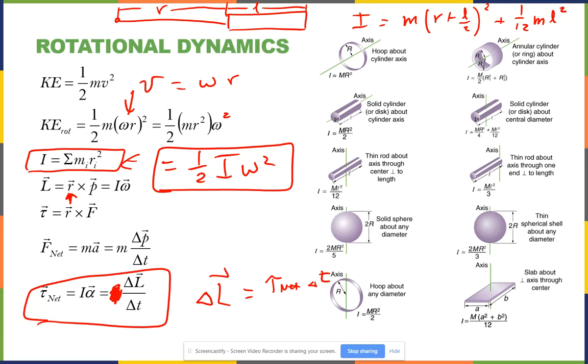Now, if I were to hold this by the end, then gravity would be making a torque. What direction is the force of gravity acting on this wheel? Down. And so if gravity is acting downward, and it's acting in that direction from my pivot point, what direction is the torque?